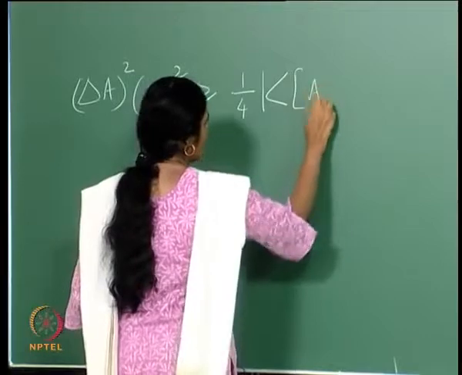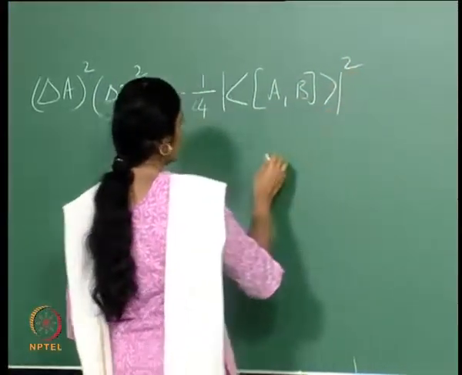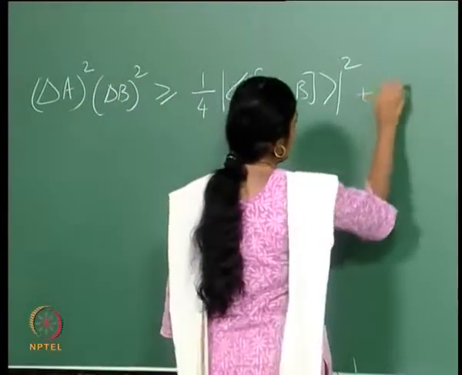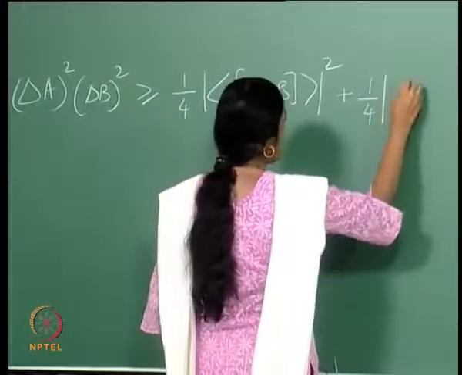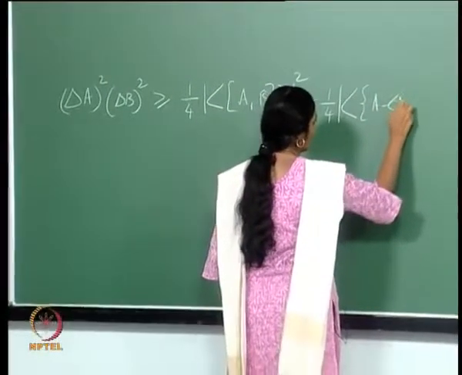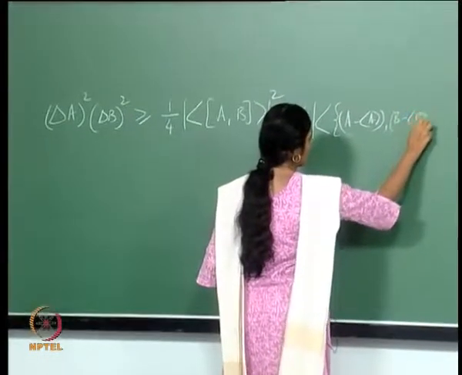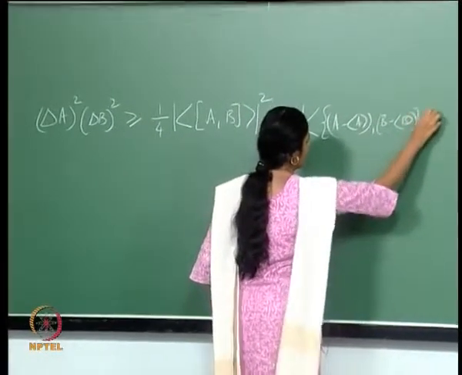One had the commutator of A with B, its expectation value mod square times a quarter, and the other had the modulus of the expectation value of the anti-commutator of A minus expectation value of A with B minus expectation value of B.